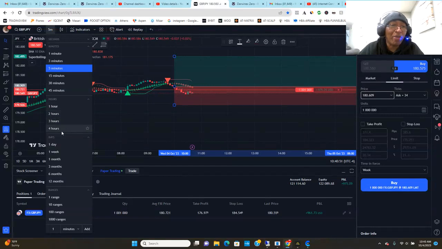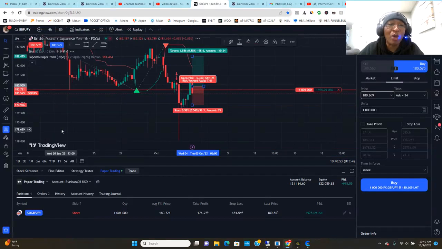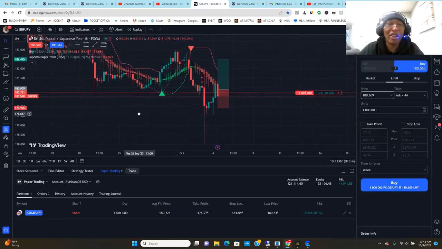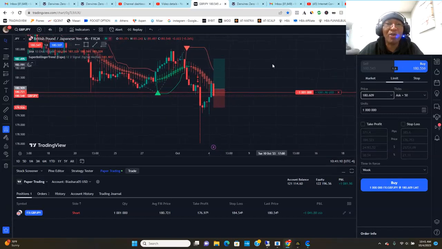So we're going to be looking for the longer time frame, like 4 hours. The 4-hour time frame will give you about 6 to 8 days kind of analysis. 6 to 8 days, guys. You can hold the trade for up to 6 days with a 4-hour time frame.